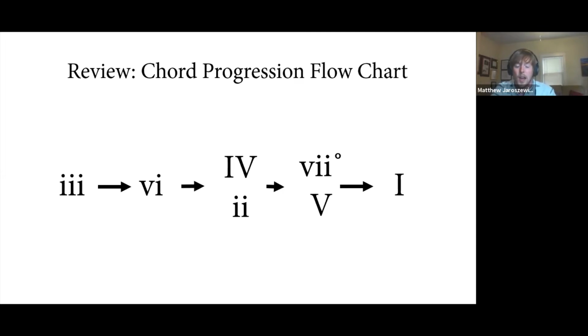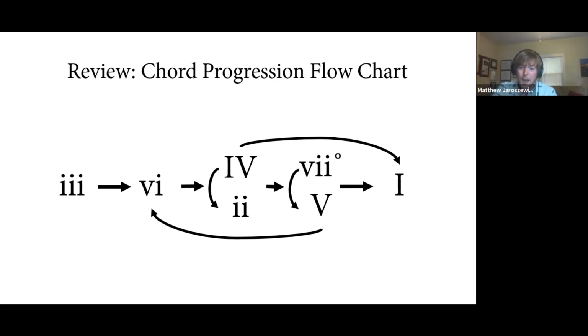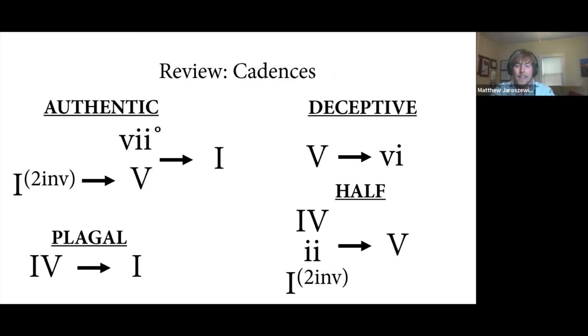We can also go 7 to 5, 4 to 2, 4 directly to 1 in our plagal progression, 5 back to 6 in our deceptive progression, and 3 directly to 4. We built this flowchart last week, and then we talked about cadences.